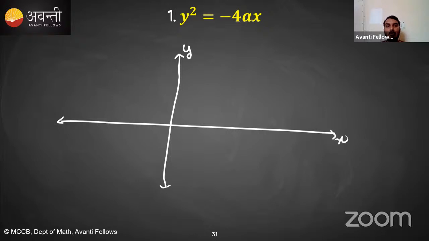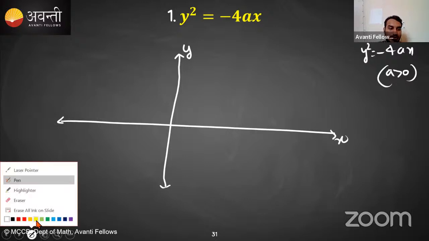Now, positive axis or negative axis? We are seeing y square equal to minus 4ax, so negative x axis. Again here a is positive. We always keep a positive, there should be no doubt in this.